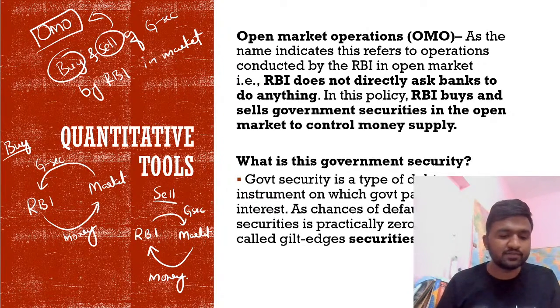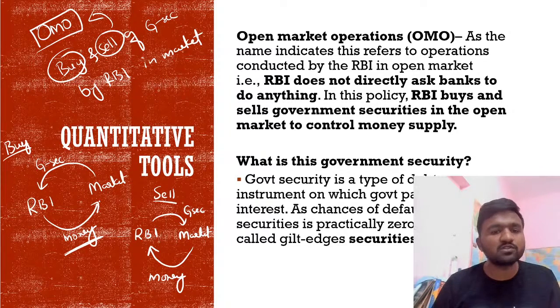See these two graphs. In the first case, the money is going towards the market. In the second case, the money is going towards the RBI. In these two cases, where will the money supply be increased in the market?